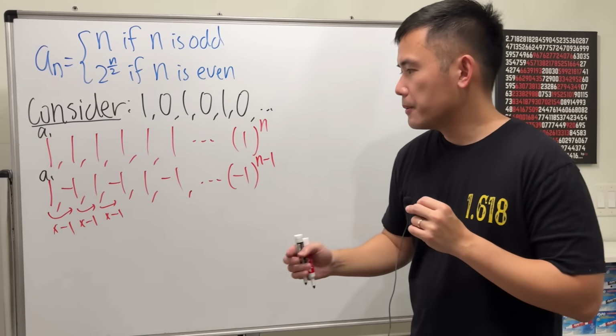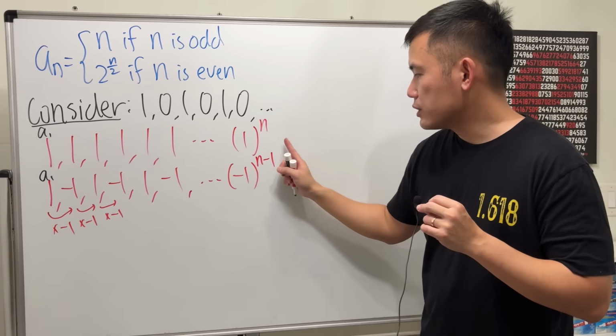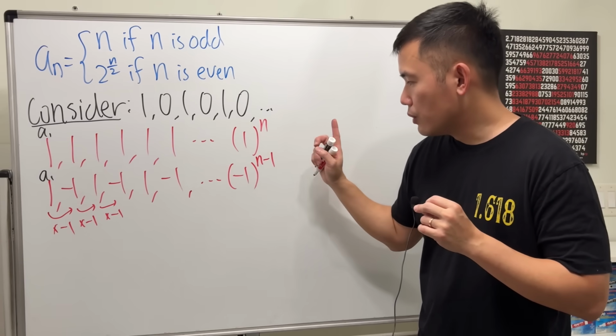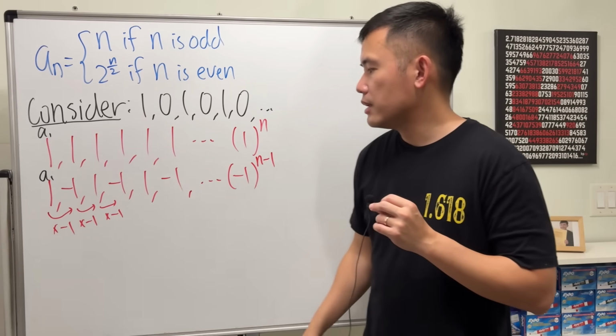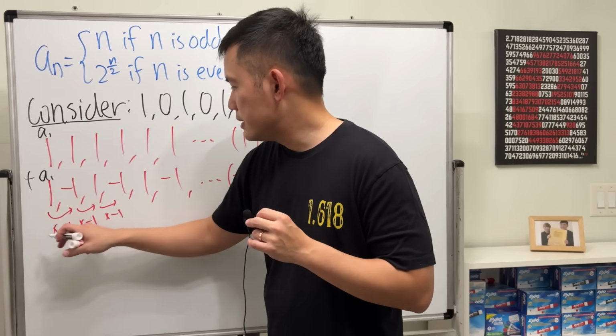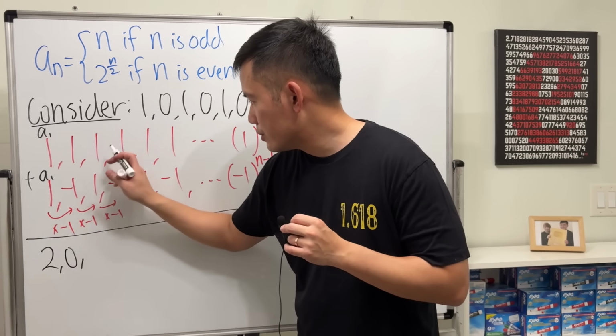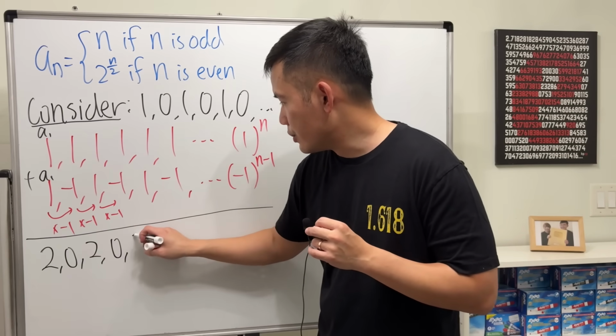You can double check. A2, plug in 2 here, 2 minus 1 is 1, negative 1 to the first power is going to be negative 1, and so on. So far so good. Now if you add up these things, you get 2, 0, 2, 0, 2, 0, and so on.